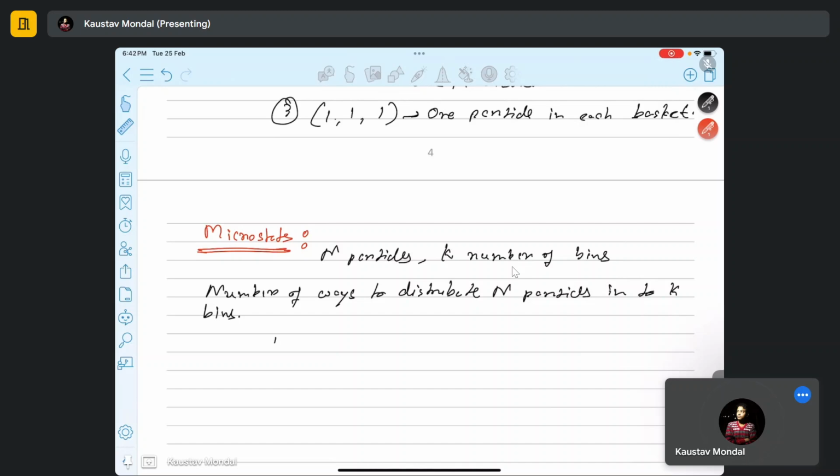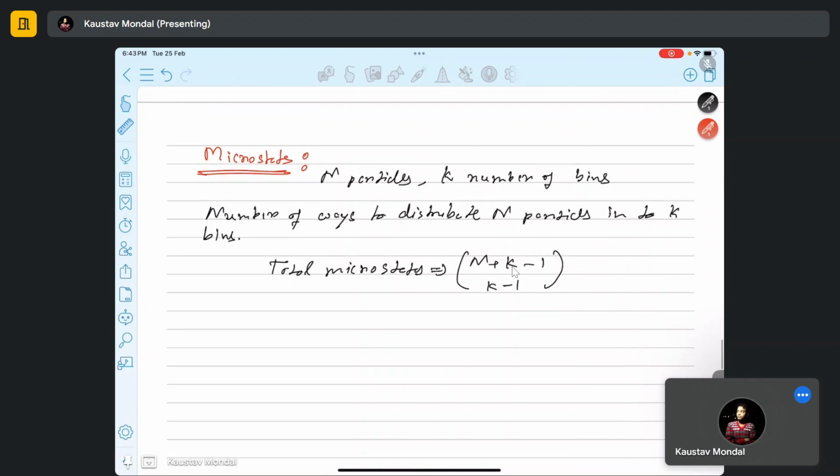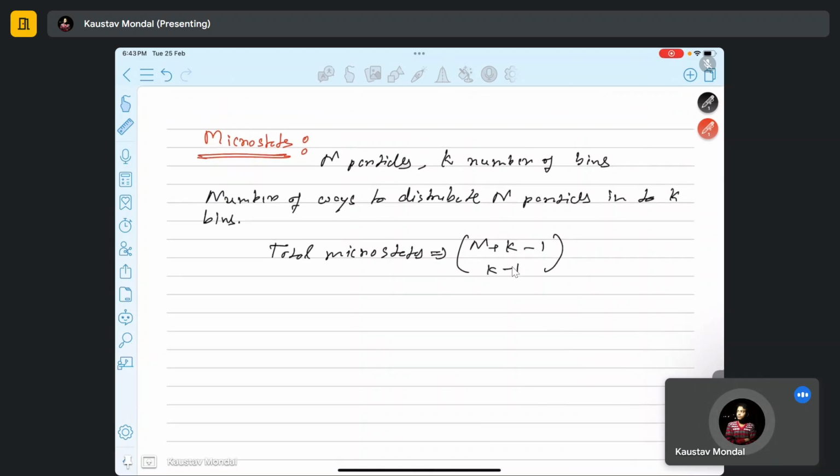So the total microstates will be the combination of n plus k minus 1, choose k minus 1. So this will be the total microstates for this problem.